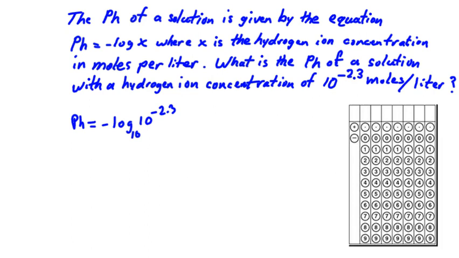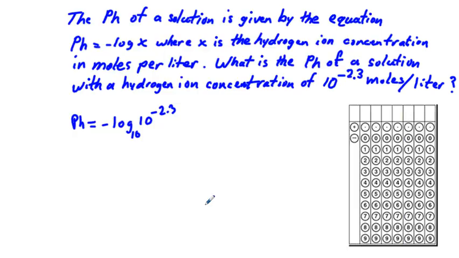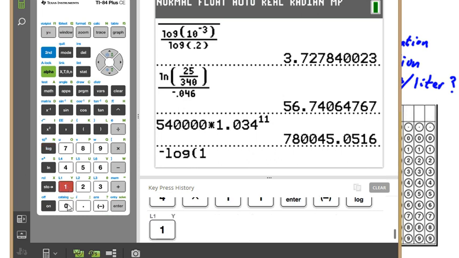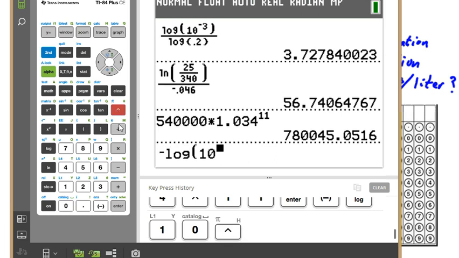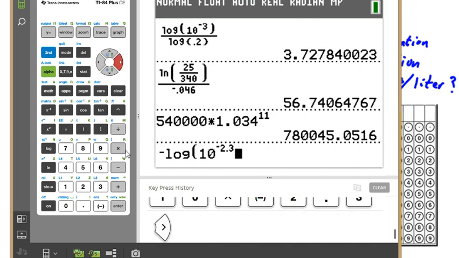We have negative, make sure I get this right, negative log base 10 of 10 to the power of negative 2.3, and we should get a pH of 2.3.